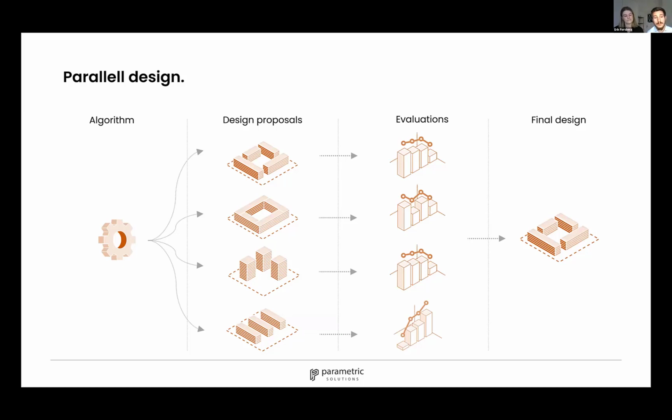You start with the algorithm, that is the definition of the design logic, and the rules and constraints for what you can build. Then when you run this algorithm, it can create different kinds of design proposals based on the same set of rules and regulations that you have in the algorithm in the beginning.